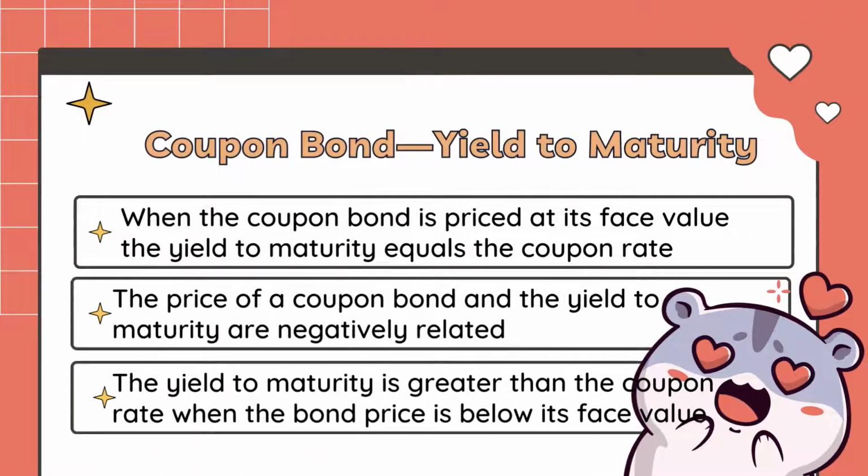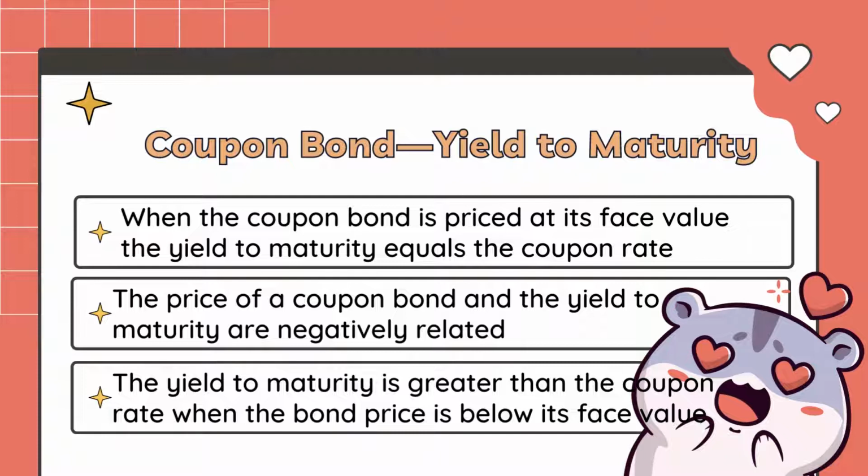So, when the coupon bond is priced at its face value, the yield to maturity equals the coupon rate. So, nakalagay dito again, kapag daw ang coupon bond natin is priced at its face value, the yield to maturity is equal to the coupon rate or yung rate natin.